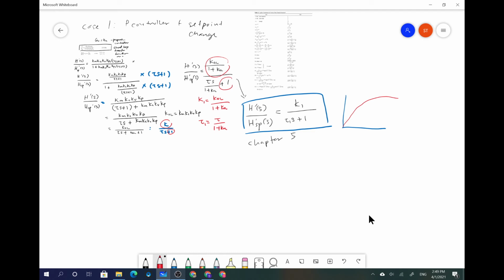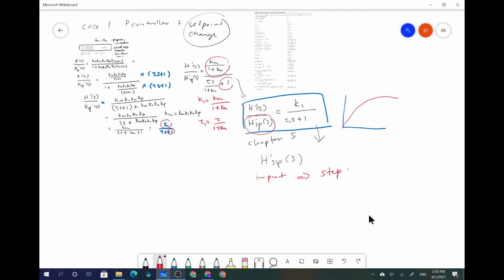Okay, what I want to tell you is, when you have this kind of transfer function, remember this is a set point change. Set point change is represented by this term. Okay, and as I said, the most common input is a step input.